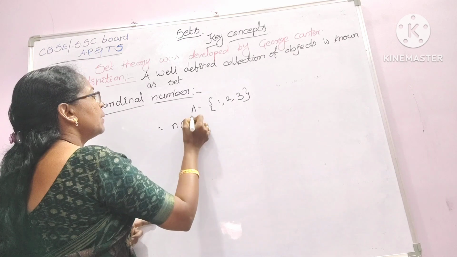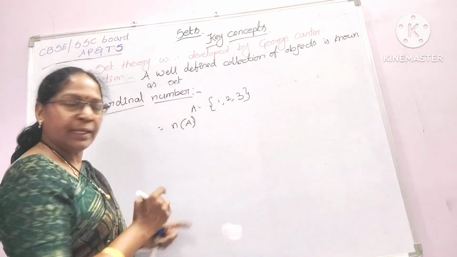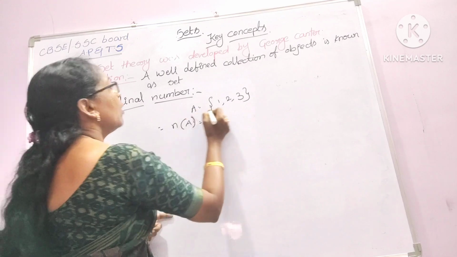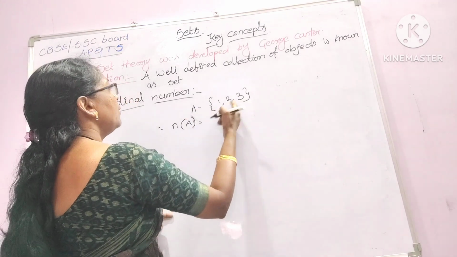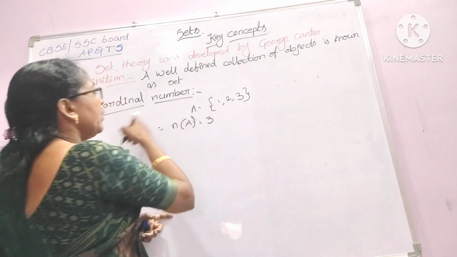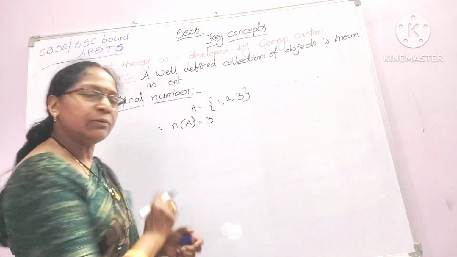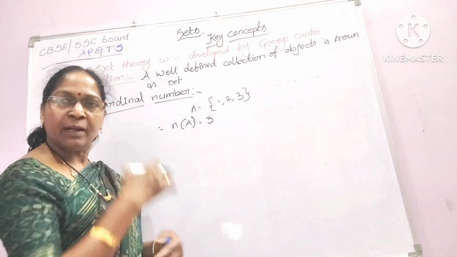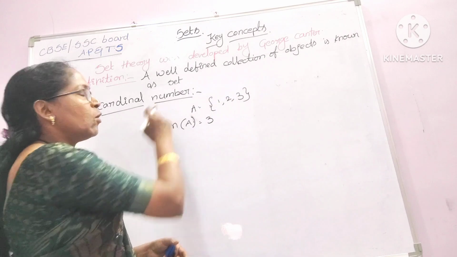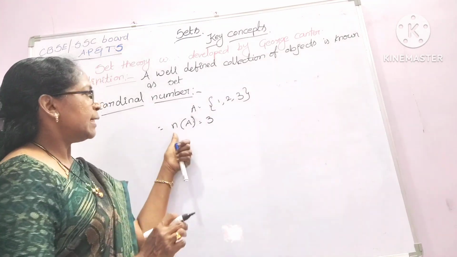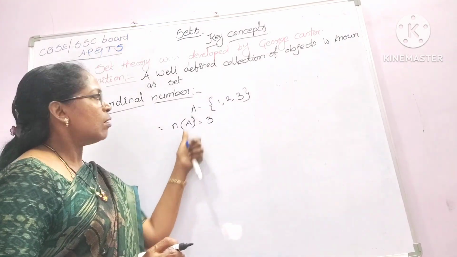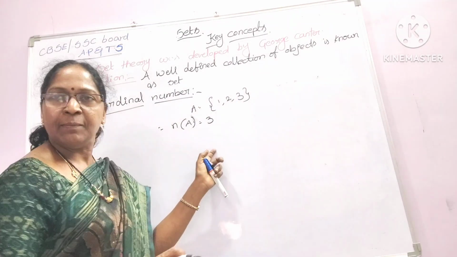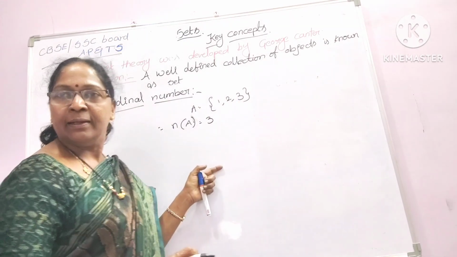Cardinal number is represented by n(A). Here for set A, n(A) equals the number of elements: 1, 2, 3. You write the cardinal number of set A equals 3. This is the answer. So it is represented by small n of that set name. You have to count and write the number of elements. That is nothing but the cardinal number.